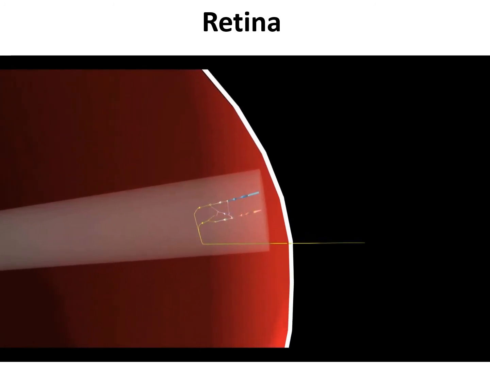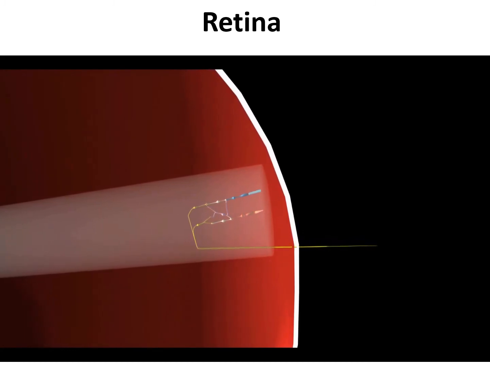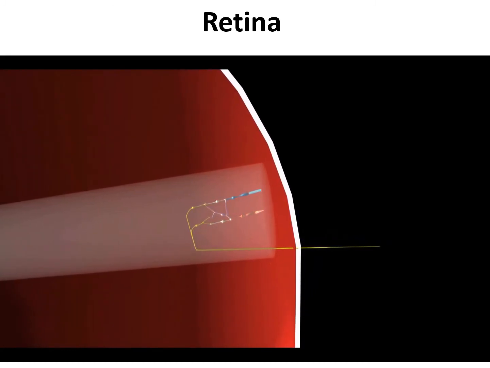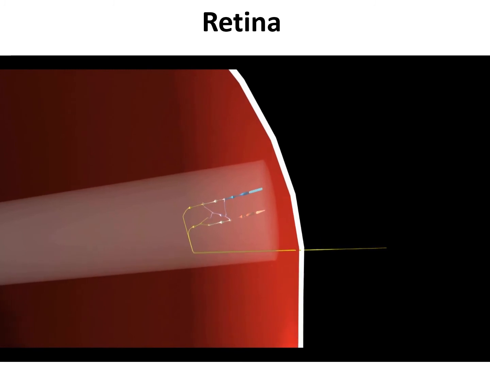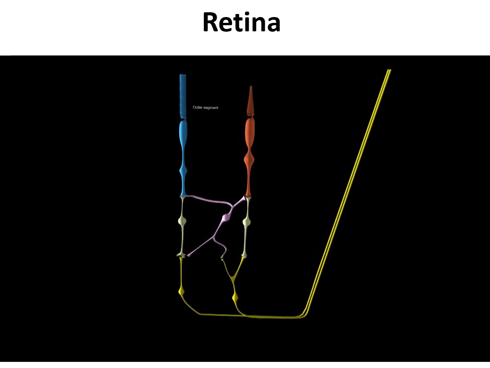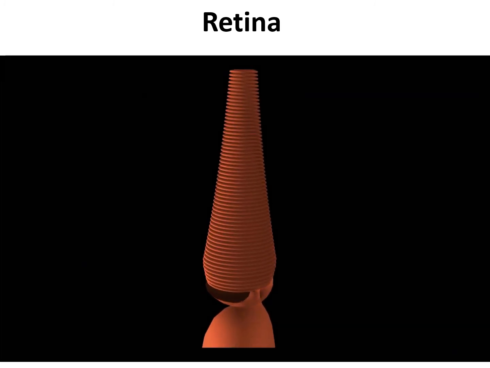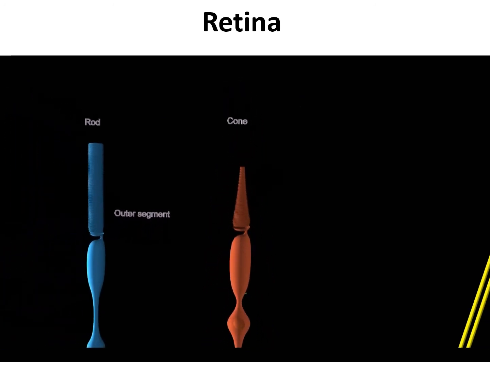In a counterintuitive manner, the light receptor cells, either rods or cones, are pointing towards the pigmented layer of the eye instead of towards the cornea. Both types of cells have an outer segment made of many discs which contain the photosensitive units.